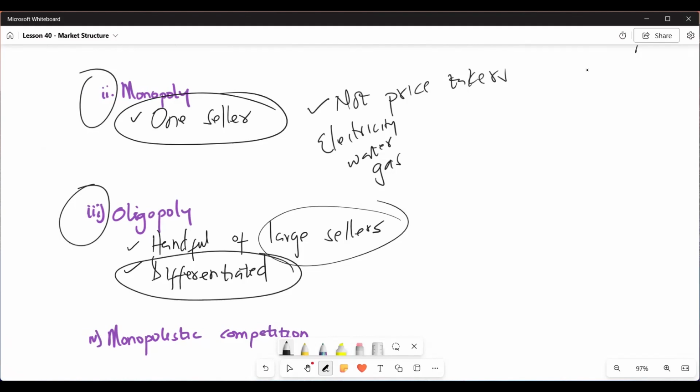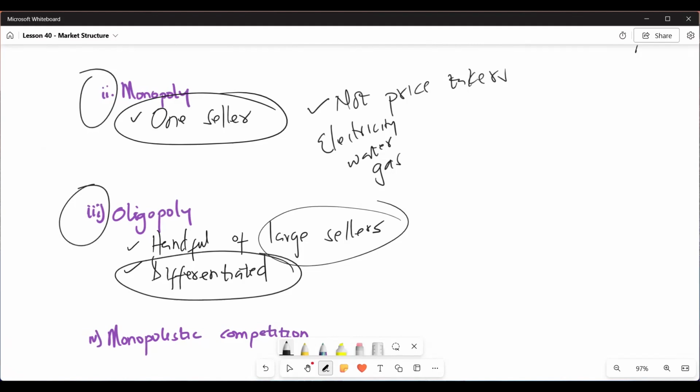But because the two products are slightly differentiated, consumers can decide, okay, this is what I want as compared to the other one. Another example of oligopoly is the soft drink industry. So you do not have a lot of sellers like in perfect competition. You have just a few or a handful of large sellers that are dominating any particular market.